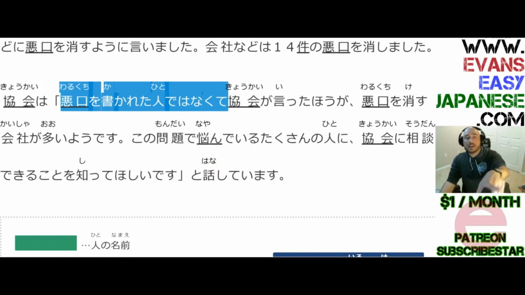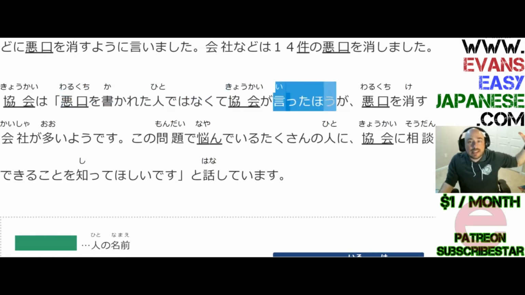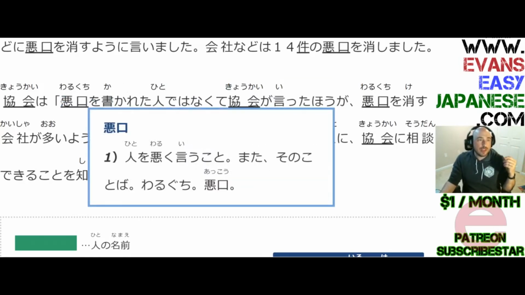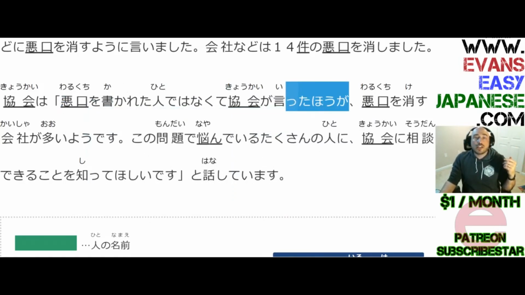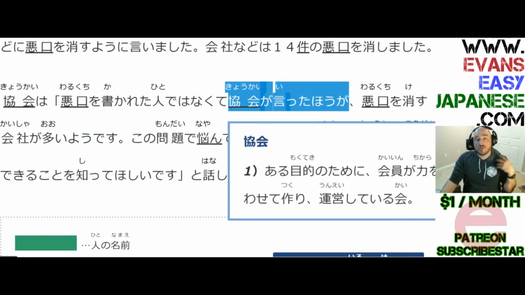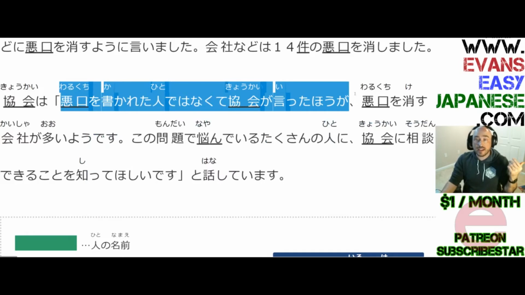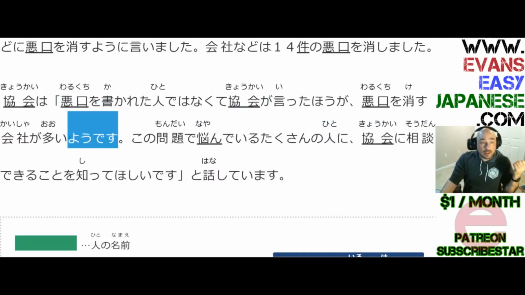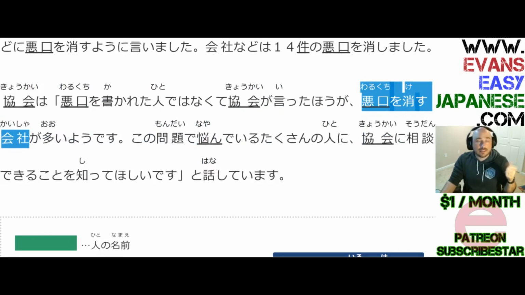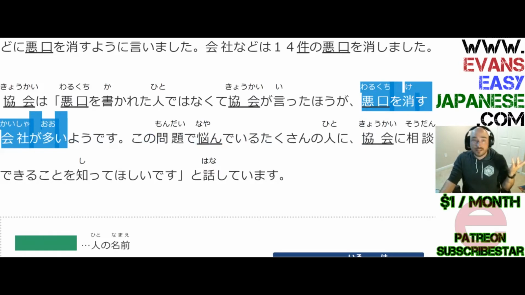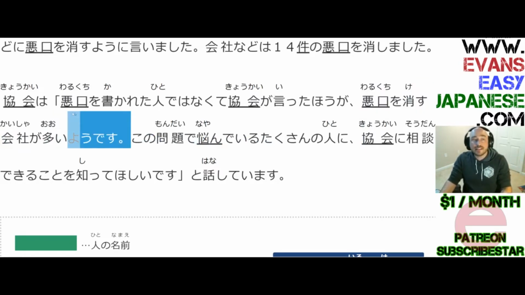So the dewa nakute, we don't know what this is until we get to the itahoga ii, right? I just blurred out that ii there. So if the association says it, not the people who have been negatively affected by somebody else's writing it, it would appear that companies who are willing or who would erase the insults are numerous. There are many of them. That's how that sentence right there is going.